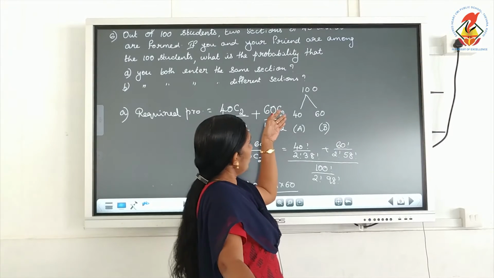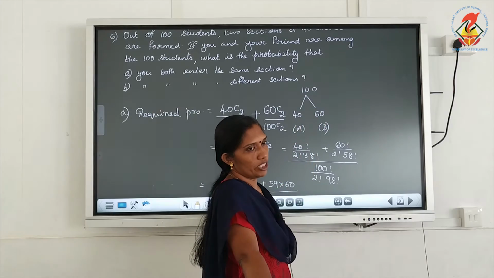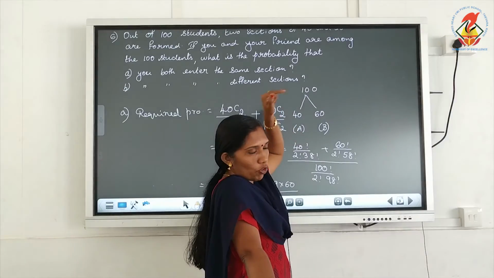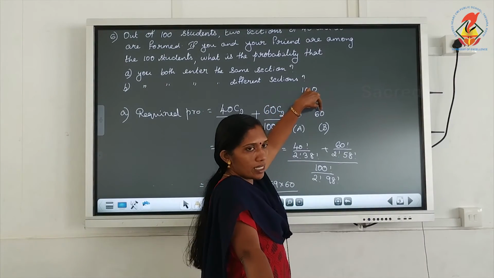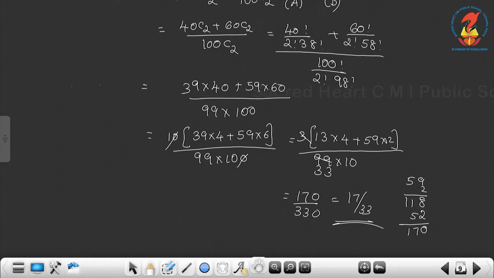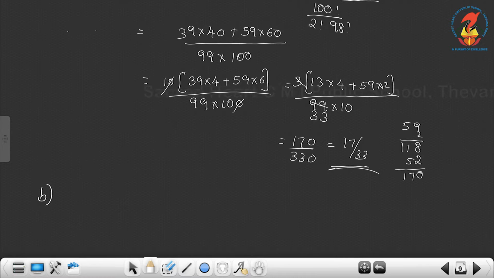So one of you in A division, the other one is B division. So from 40, that is 40 C1, the other case is 60 C1. So the second one, how to write the second one? Required probability.